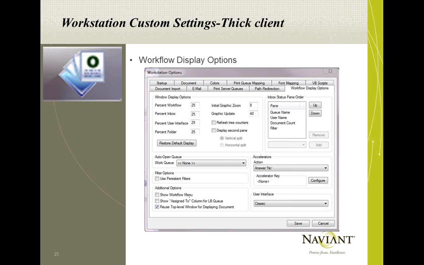And then if you click the configure button, it will allow you to set up a key, like F1 or F2 or Alt F2 or something of that nature. And then when you're in workflow and you do that action, it will do whatever action is set up here for you.